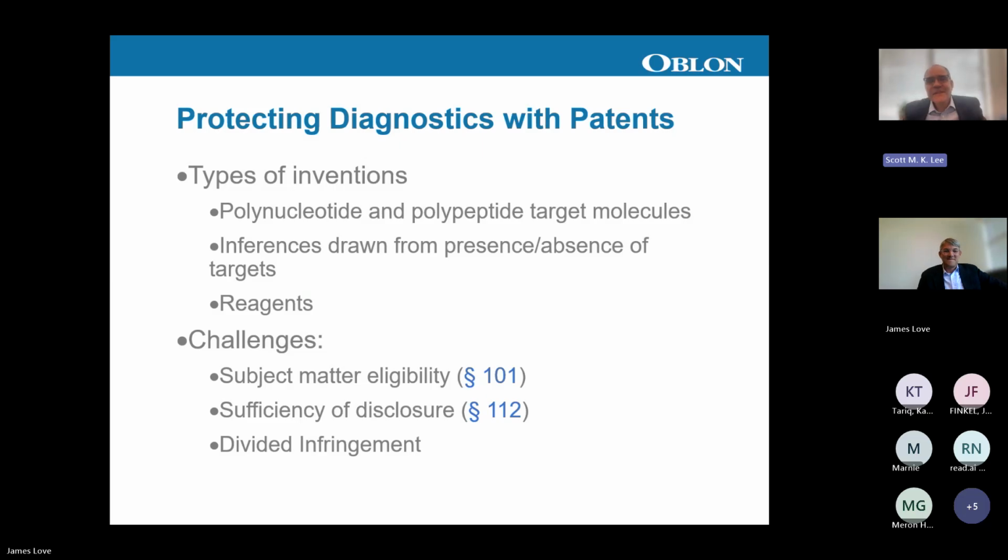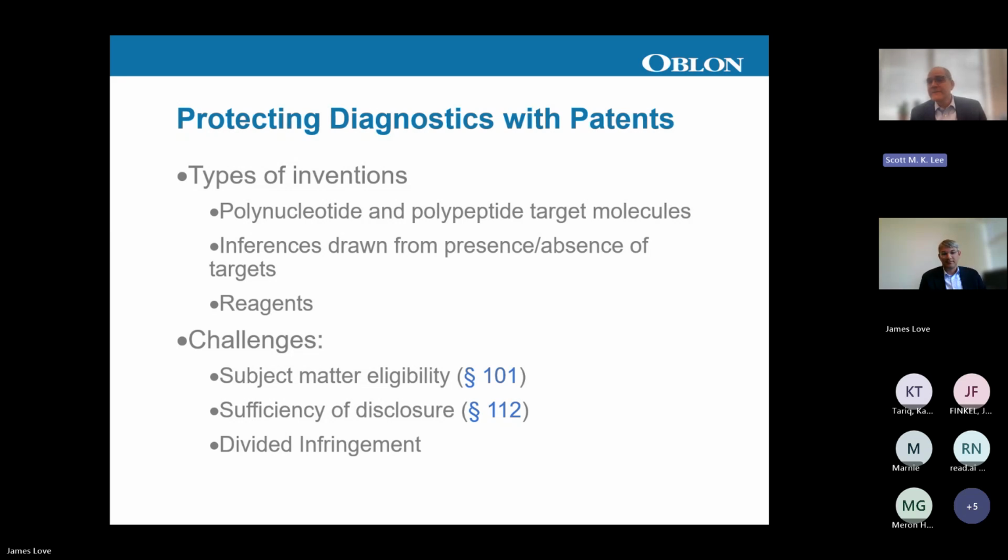Okay, so now I'm going to talk about some areas, patenting some types of inventions that are more traditionally from a biotech or pharmaceutical perspective. The first is diagnostics. Similarly to software, the landscape for diagnostics has changed a lot over the last 15 years.